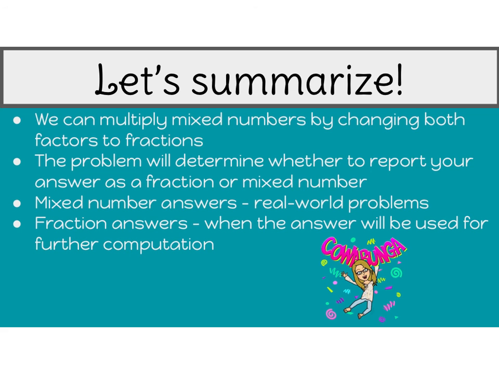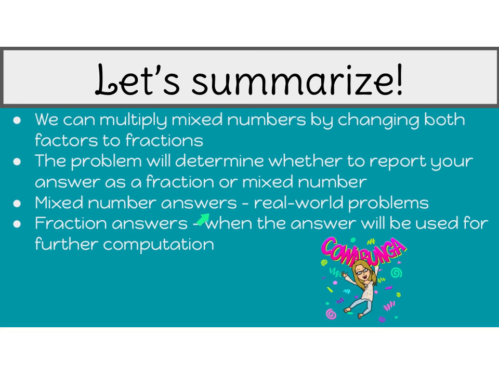So let's summarize what we have done today. We can multiply mixed numbers by changing both factors to fractions. The problem itself is going to determine whether to report your answer as a fraction or a mixed number.